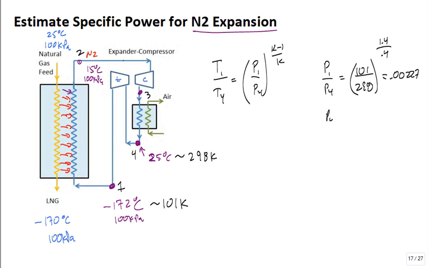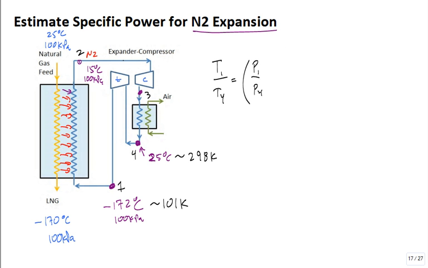So let me erase some of this, get rid of this. And just say I picked the pressure here to be 60 times 100 kPa, which is 6,000 kPa. 60 bar, yeah.